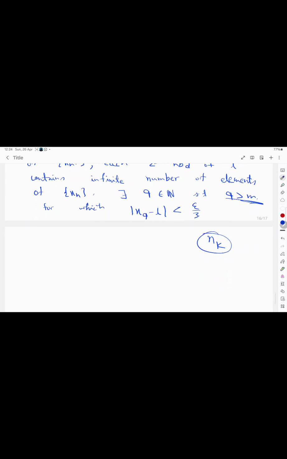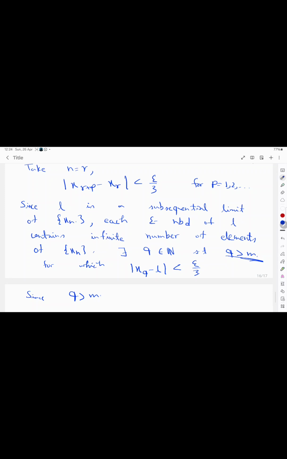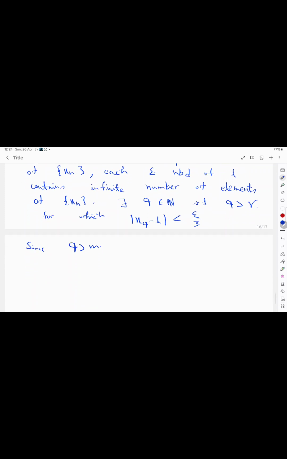Okay, now you come to this point. Since you have q greater than m, sorry, not m, this is actually r we have used. Since your q is greater than r, xq minus xr will be less than epsilon by 3.